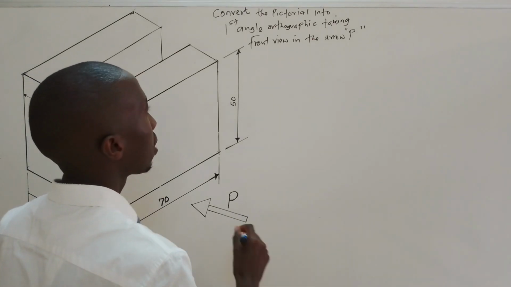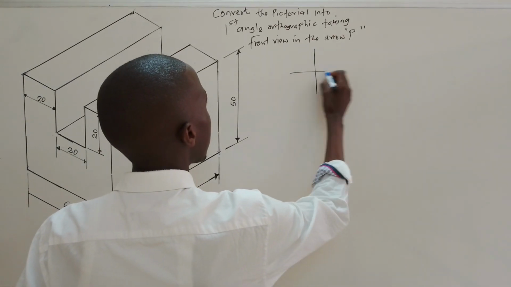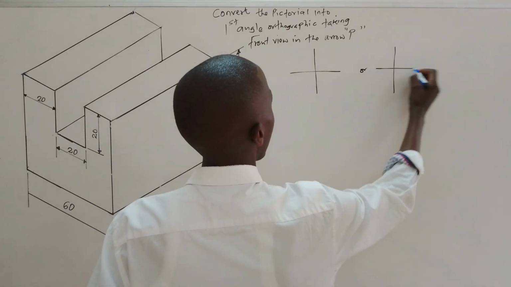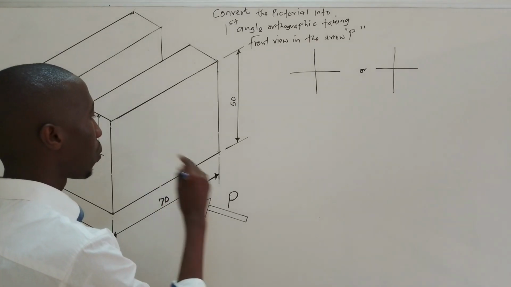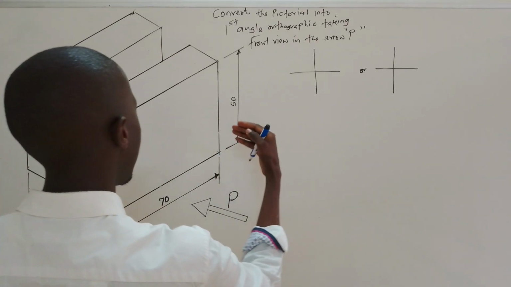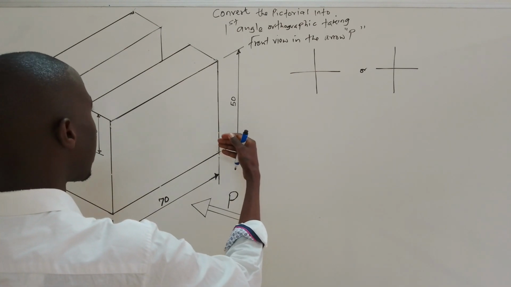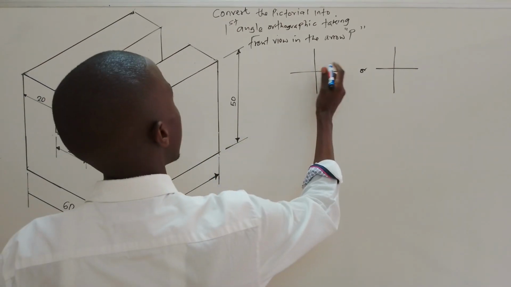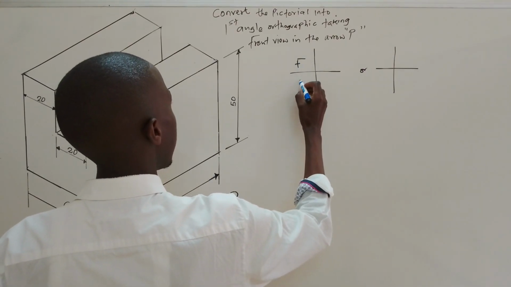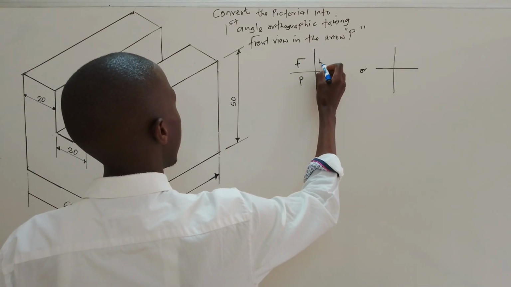When you have first angle, we have two formats. When this arrow comes from this side, the front elevation will be on this side, and then this is the plan, and then the end elevation.